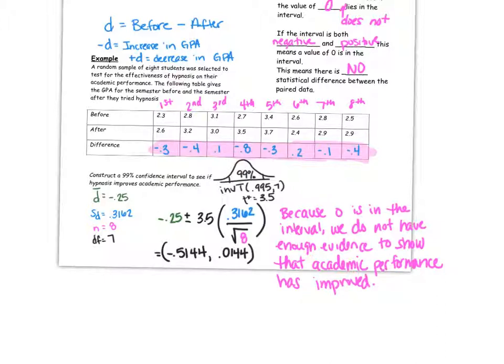It could just be that people were going from their sophomore year to their junior year. And when people become juniors, they work a little bit harder.